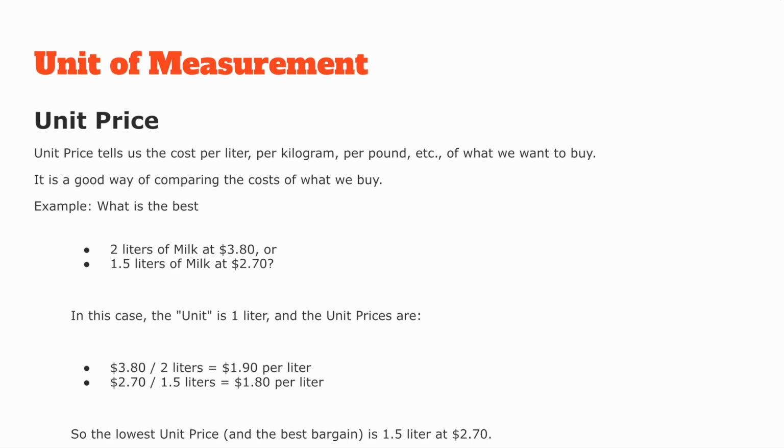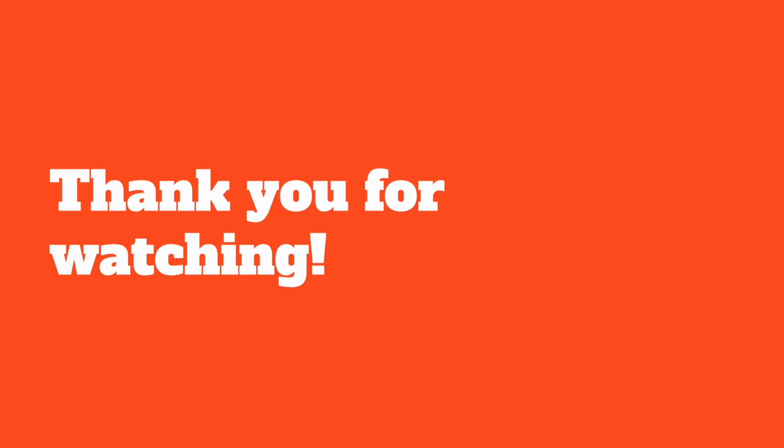In this case, the unit is 1 liter and the unit prices are 3.8 over 2 liters, which is 1.9 per liter for the first case, and 2.7 over 1.5 liters, which is 1.8 per liter for the second price. So the lowest unit price is 1.5 liters at $2.70. So we can compare two different prices.